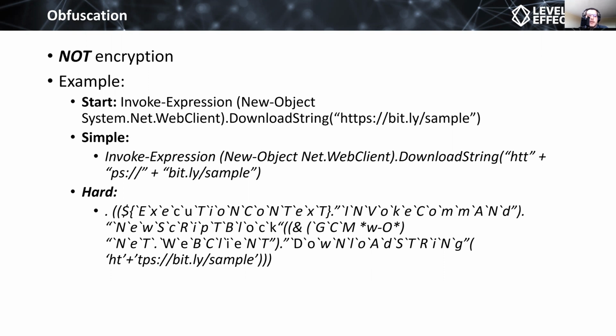You can still sort of read at the bottom what that is. Our human eyes can still read through all the different symbols there. We see download string, we see invoke command, new script block. We can still read it, but AMSI has trouble with that. And that's not even that bad. There's definitely much worse obfuscation than that.